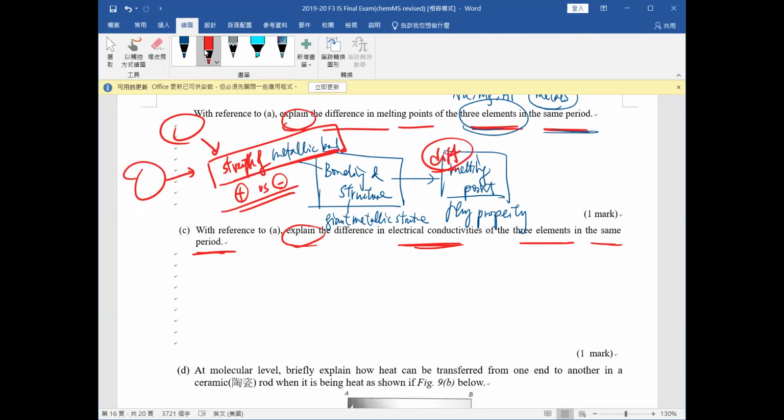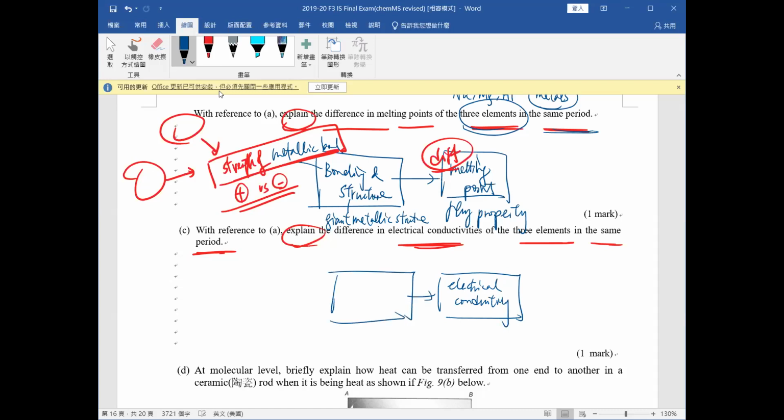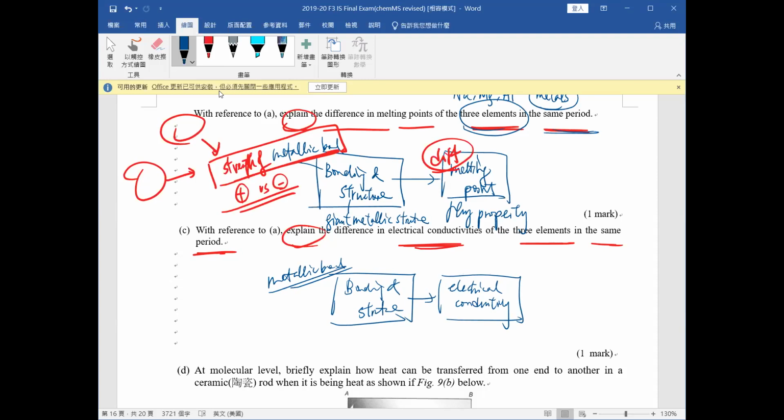Second, the difference in electrical conductivity. You need to again explain the electrical conductivity in terms of its bonding and structure. Can you get my point? So what bonding are we having? Metallic bond again. So what makes it electrically conductive? Is it about the particle inside?